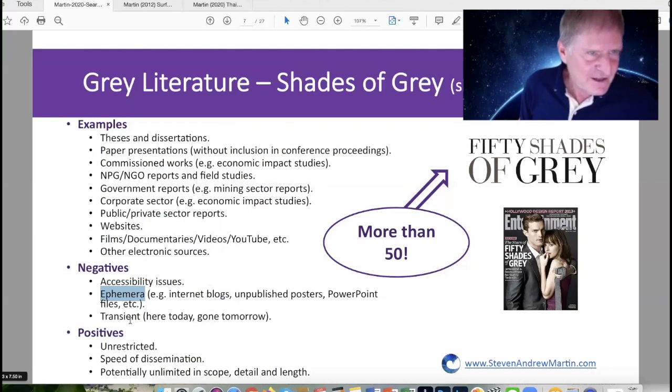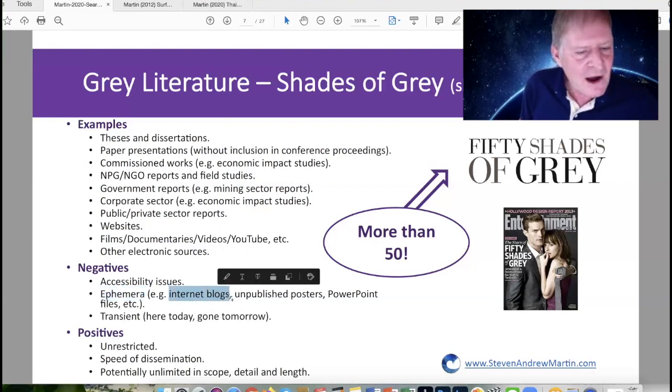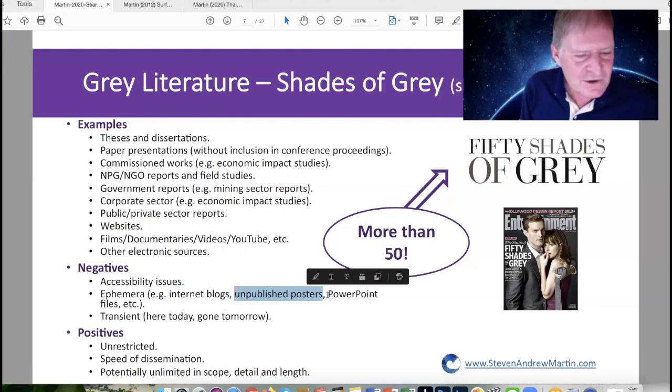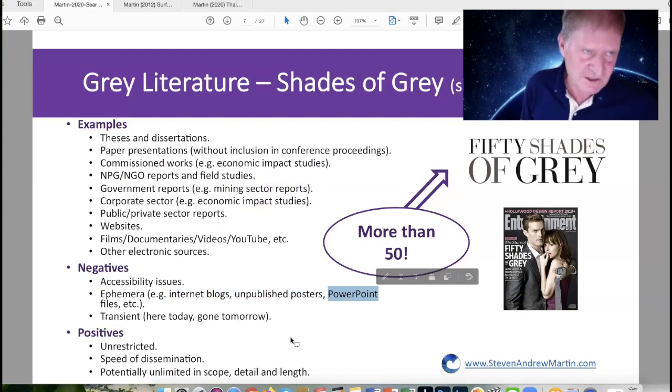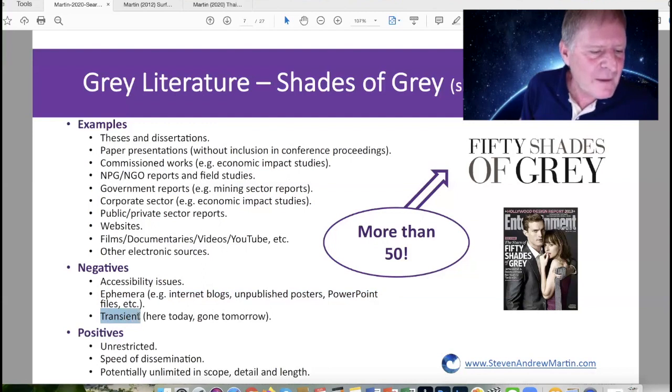So maybe a small newspaper that's not of record, an internet blog, unpublished posters. You know, we can find lots of PowerPoint files on subjects on the internet, but can we cite that? Can we really use that in our work? There's challenges for that, right? So another word for ephemera is transient literature, right?